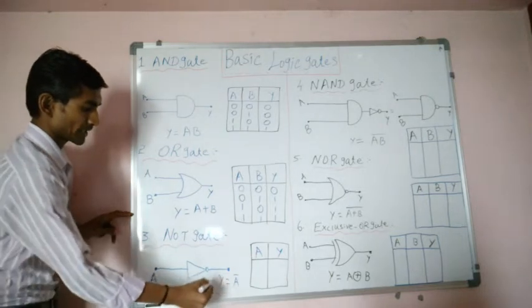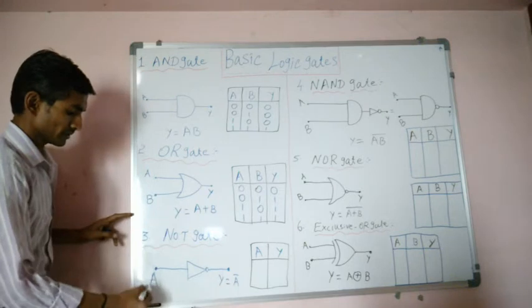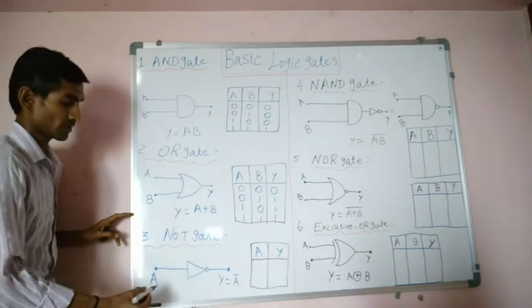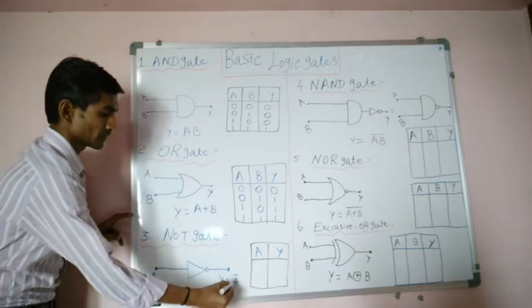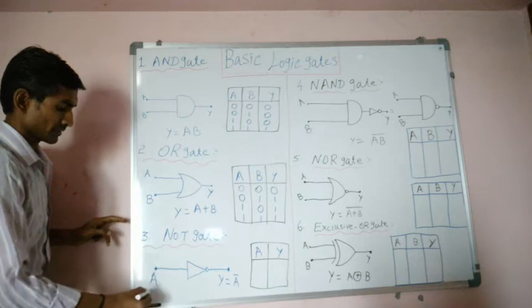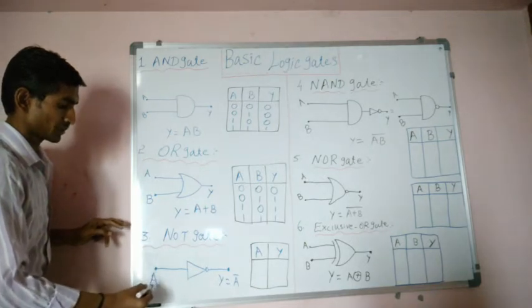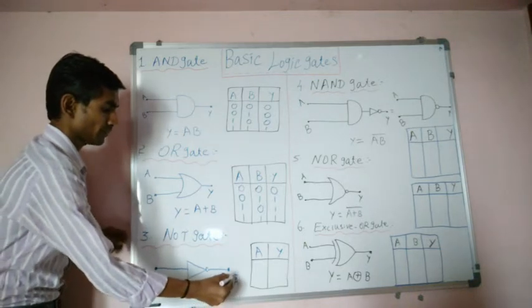So we are going to get the output here. Y is equal to the complement of the input variable. Hence we are going to write Y is equal to A complement. So with capital A as the input variable, we will get the output complement of A.